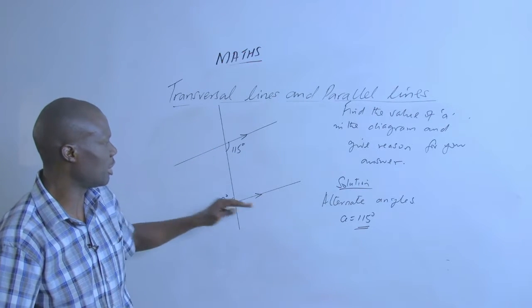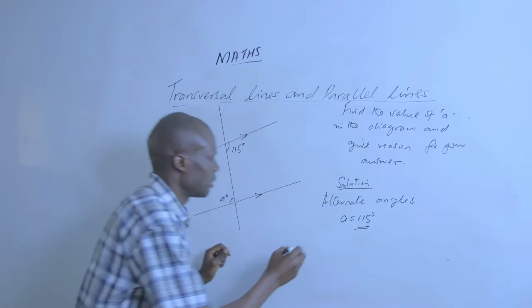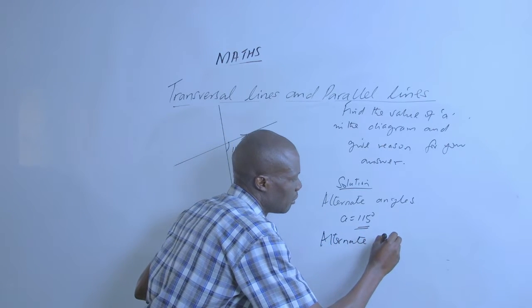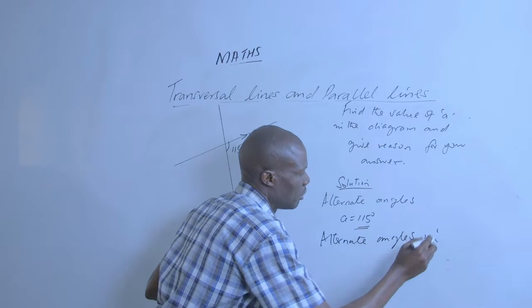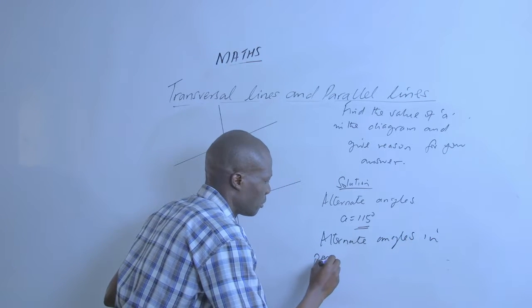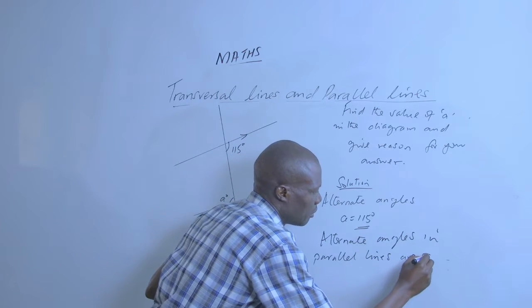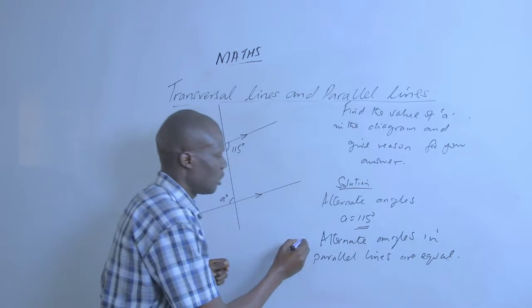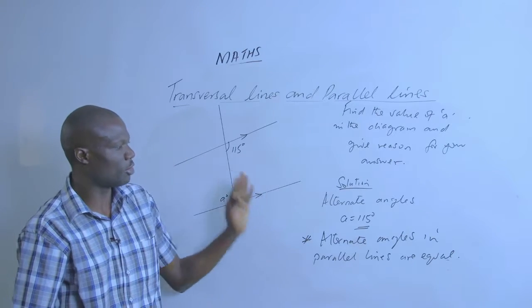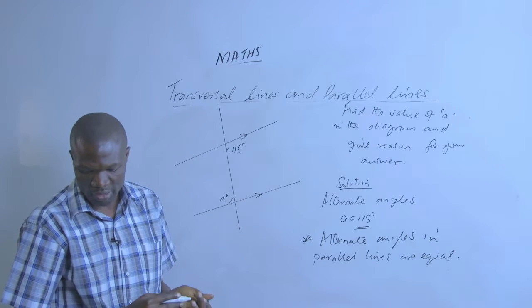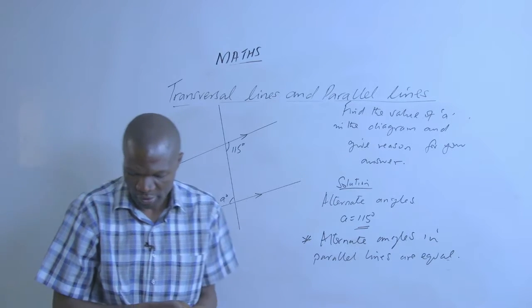That is the reason we give for this particular case, to explain why A is equal to 115.